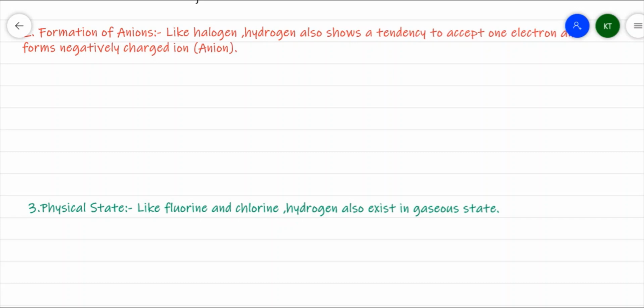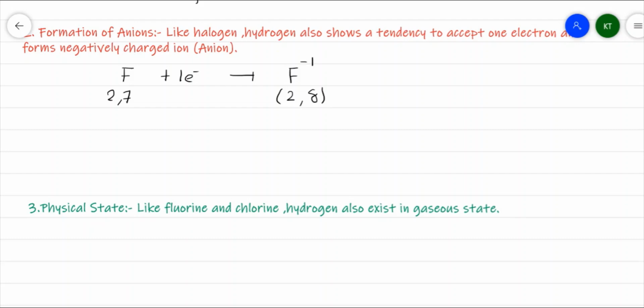Let me take fluorine, atomic number 9, electronic configuration 2,7. Fluorine gains one electron and gets converted into the F-1 ion, the fluoride ion, which has electronic configuration similar to that of the noble gas neon.